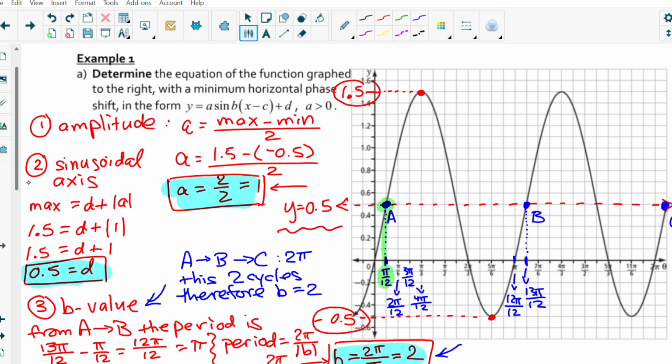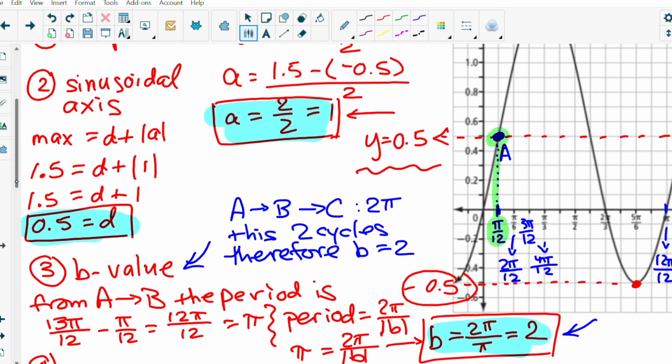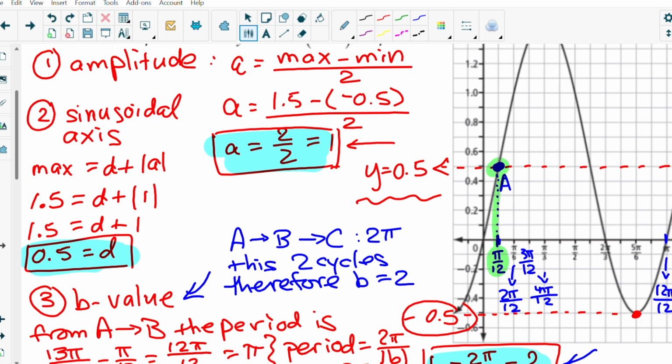I'm going to label right here. Let me zoom in so it's completely obvious what I'm looking at here.